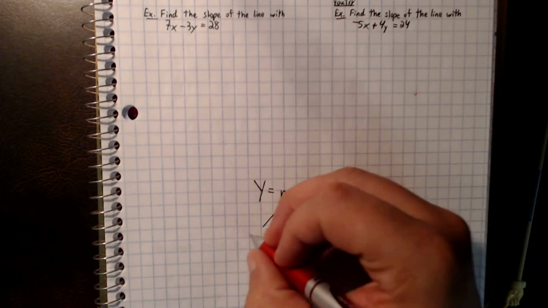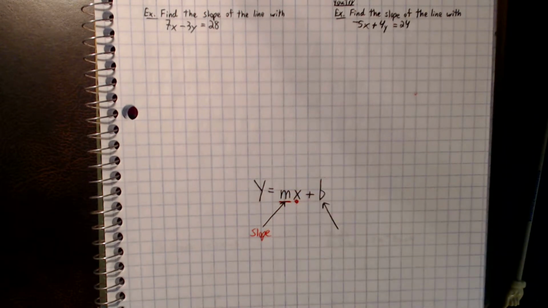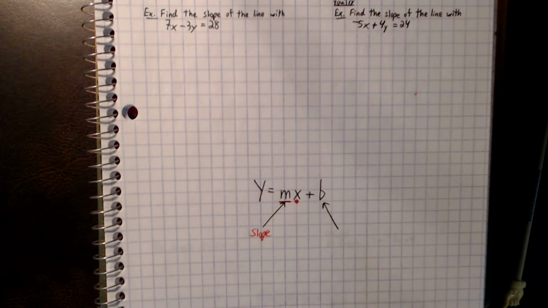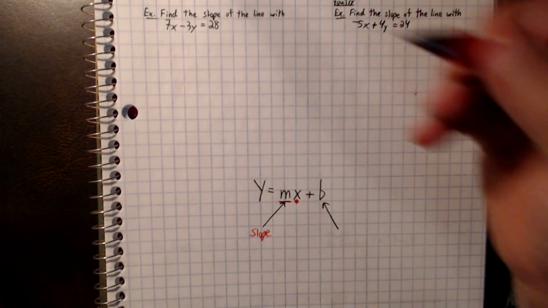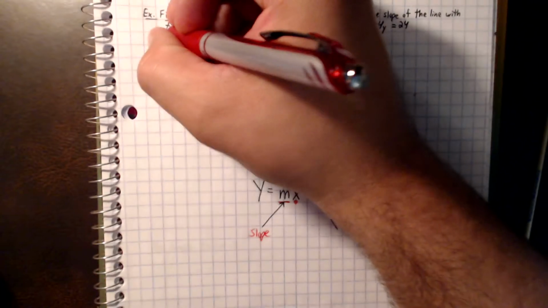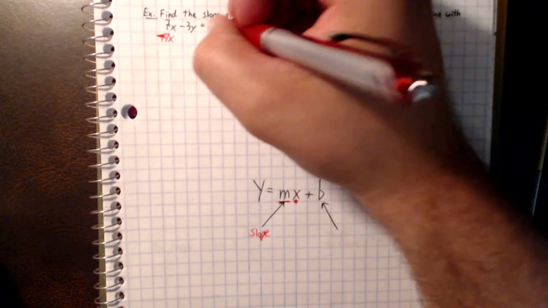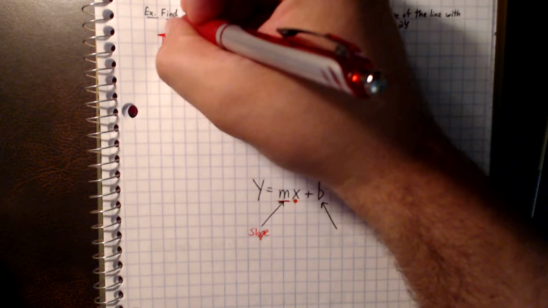That's your slope. So if I can get these equations to look like this with y isolated, whatever's attached to x is my slope. So first, I'm going to subtract 7x from both sides.